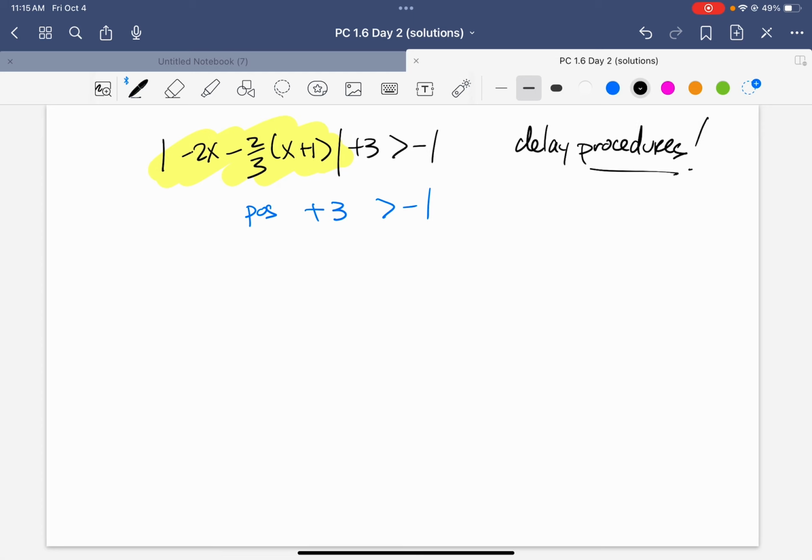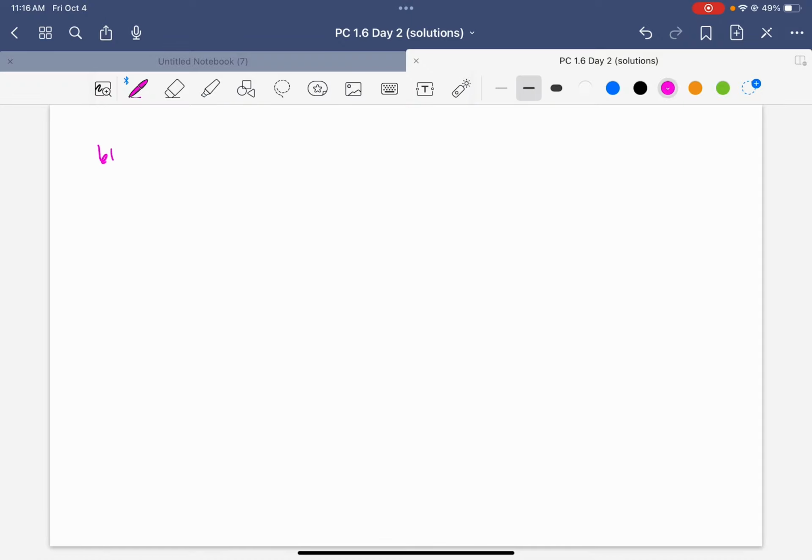Well, do you agree that a positive number plus positive is still positive? So all this is still positive. When is that ever greater than negative 1? Well, it's always true. So for any x value, this is always true. Okay, so that was ridiculously easy. So that's 57, once you saw it in the right way.